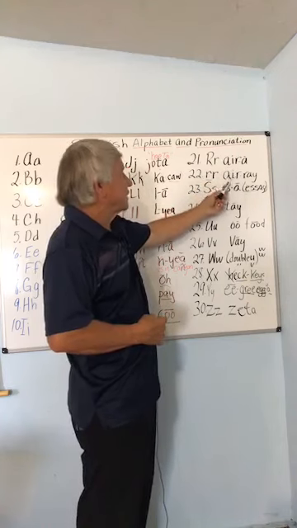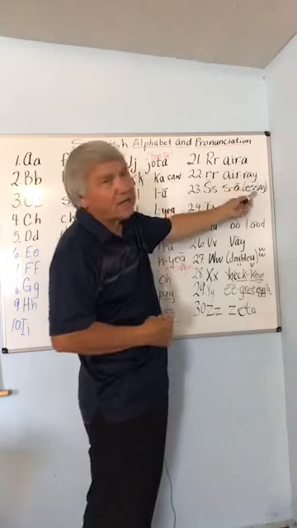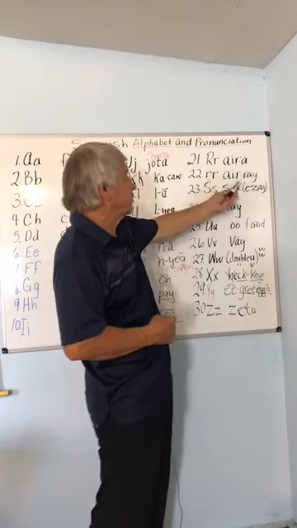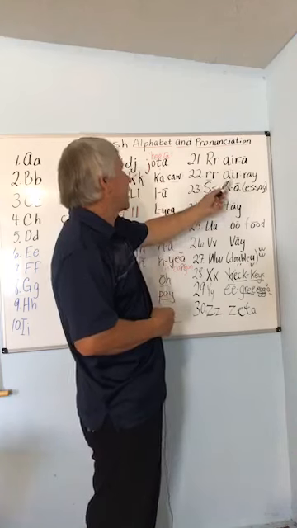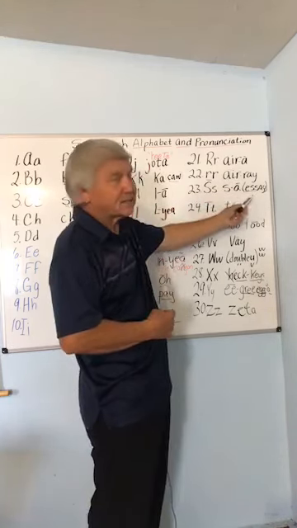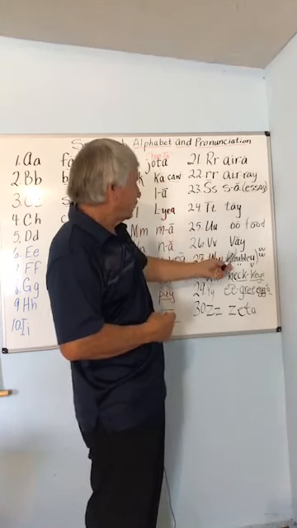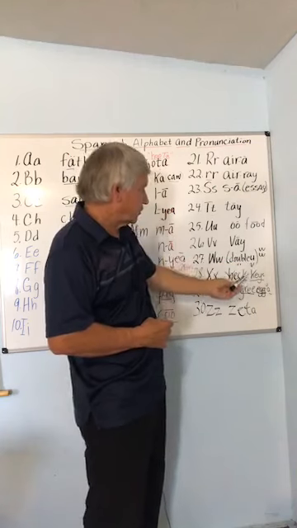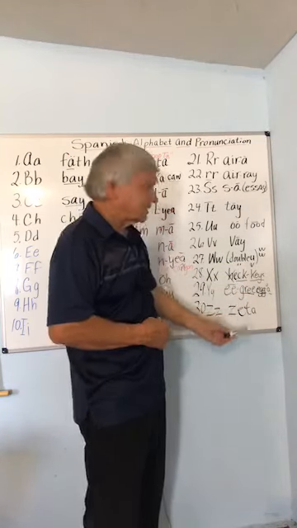Ere, okay, this one, this would be more erre, okay, because you got to have the two R's in there, so I'm thinking erre, okay. Ese, te, u, v, w, or w, x, y, z.